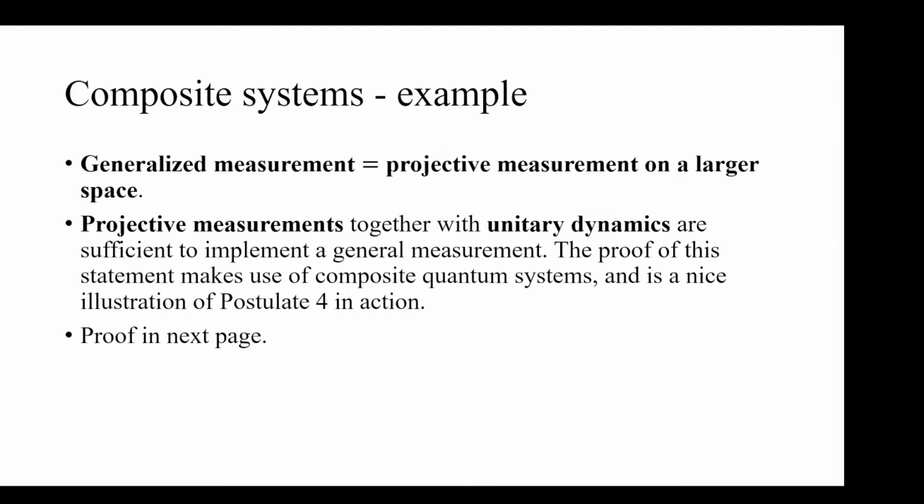Remember we talked about 3 different measurements. So the story was that first we have computational basis measurement, then we have also orthonormal basis measurement, and we have measuring operators, and then finally we have the generalized measurement.